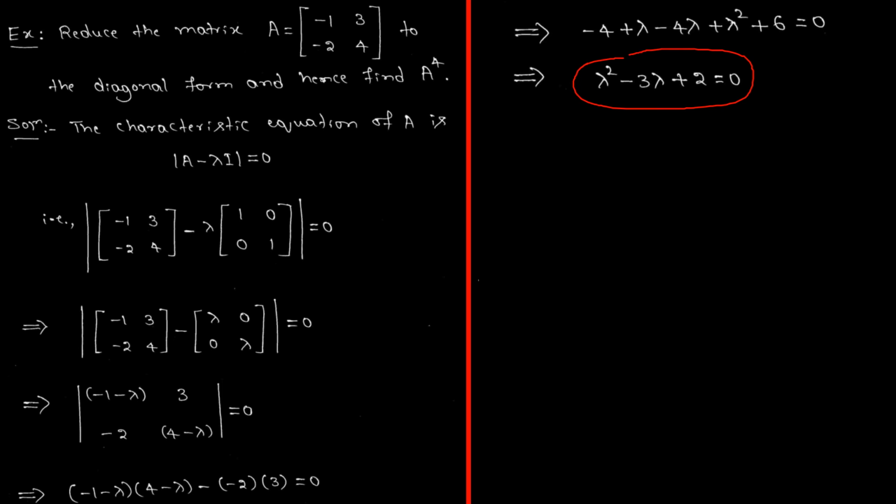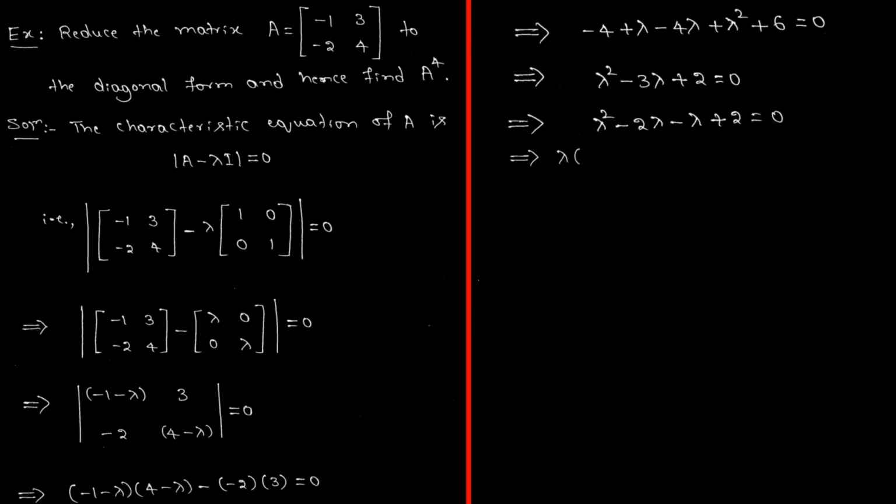Let us simplify this to get the values of lambda by the factorization method. This minus 3 can be written as minus 2 minus 1. Then from these two, lambda we take out, and from these two we take minus 1 outside.